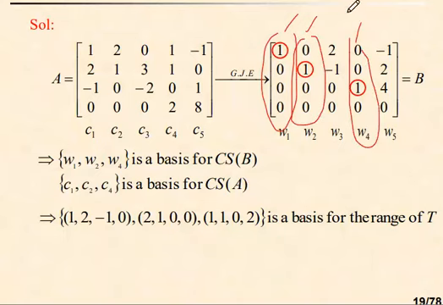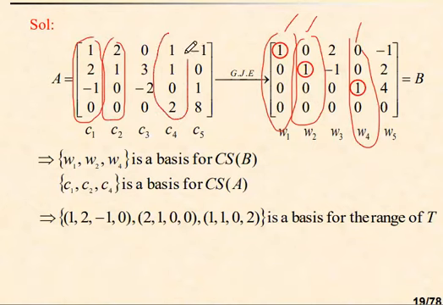Therefore, the column space has only 3 basis elements. Now we compare. If these 3 vectors are linearly independent, that means the corresponding columns are linearly independent, right? So this is the basis.